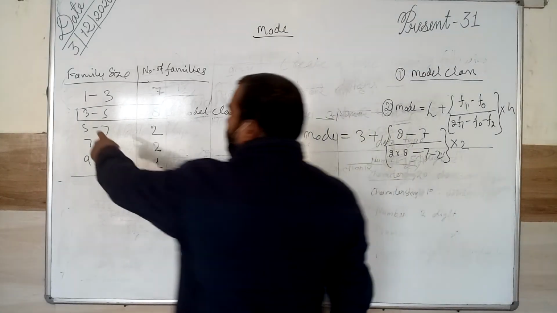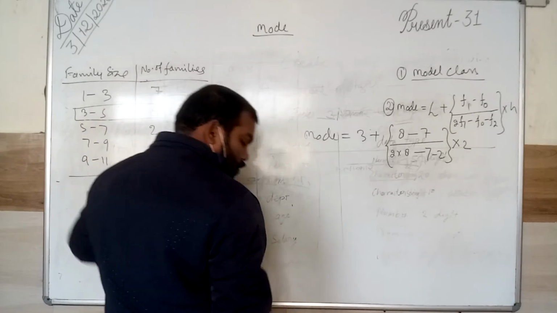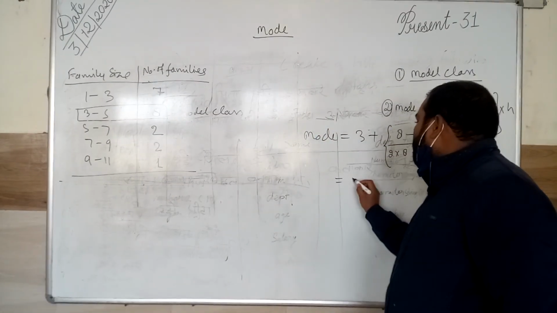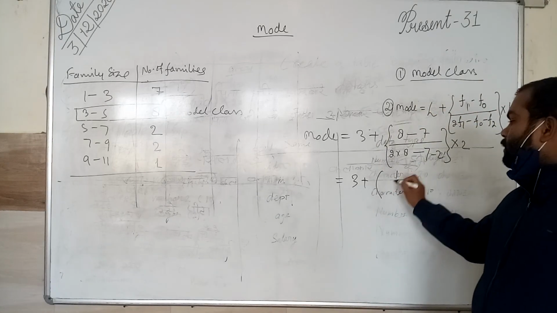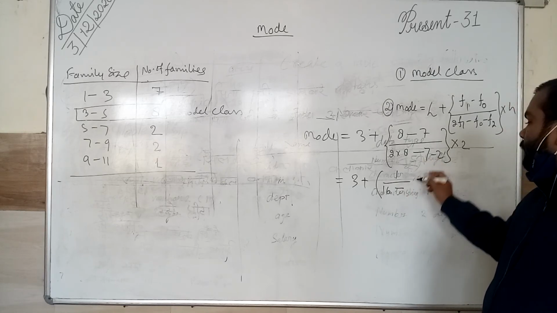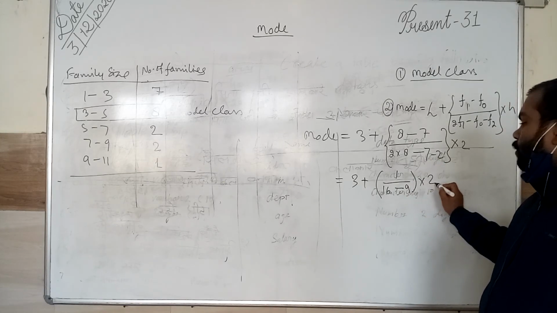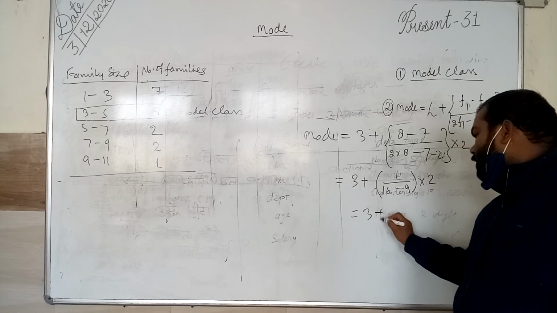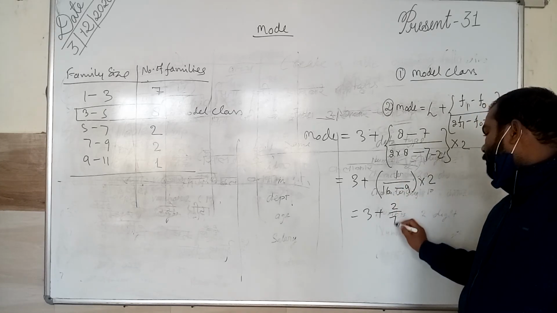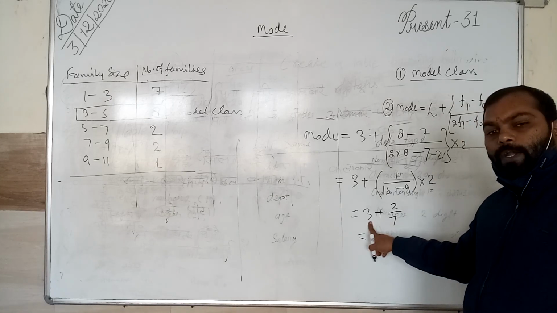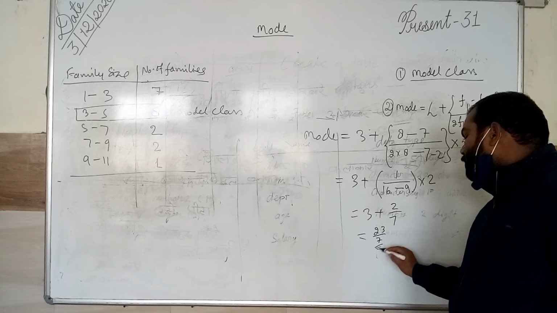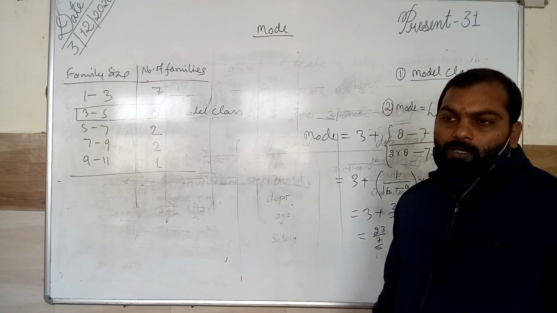Clear? So this becomes 3 plus 8 minus 7 is 1, upon 2 into 8 minus 7 and 2, that is 9, into 2, that is 3 plus 2 over 7. 7 3s are 21 and 2, 23 by 7. This is the mode. Okay.